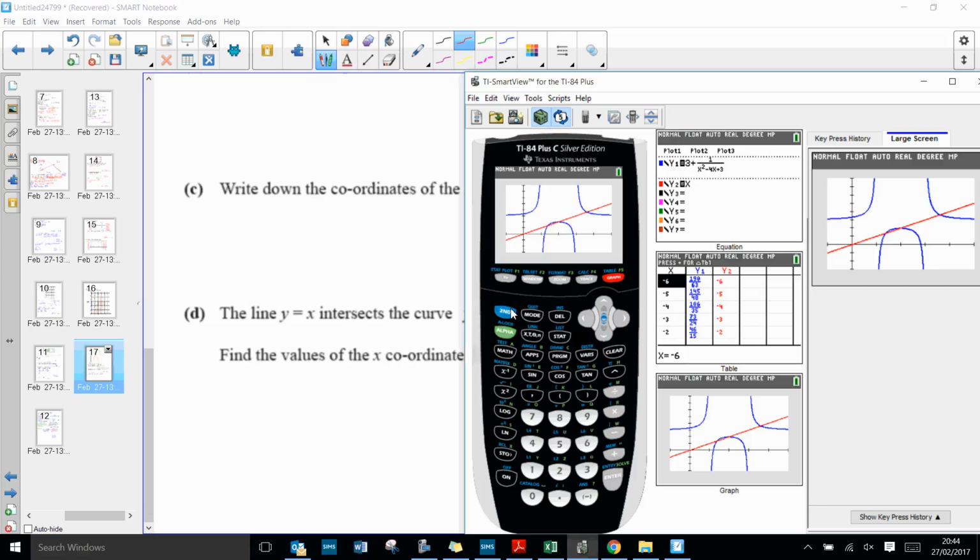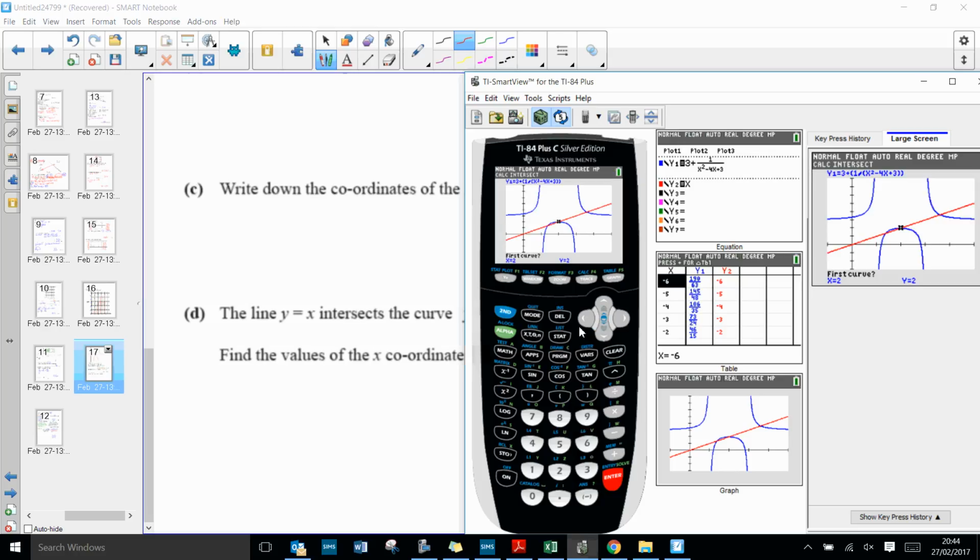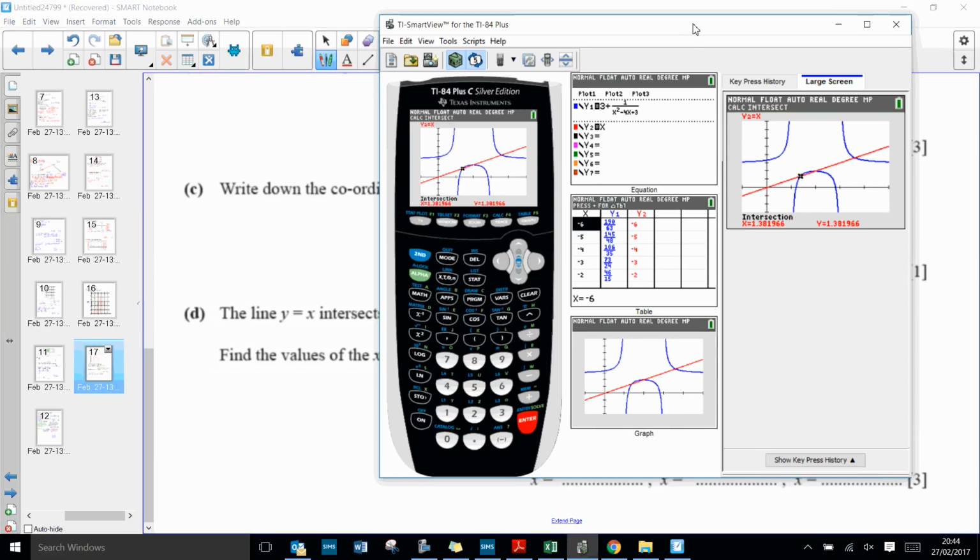So calc intersect, first curve, second curve, guess. We just need to know the x value, so that's 1.38.